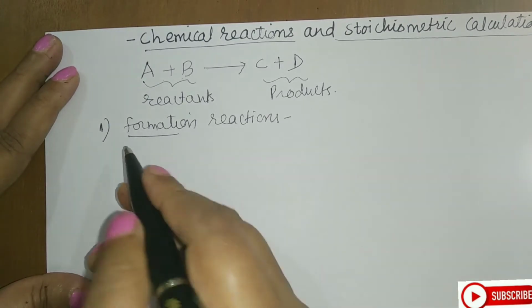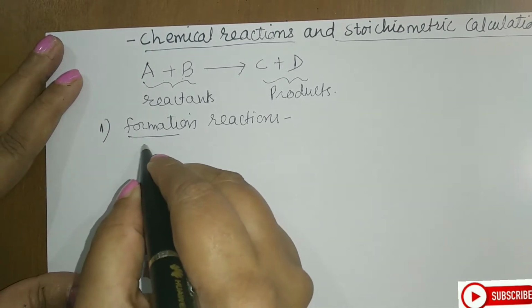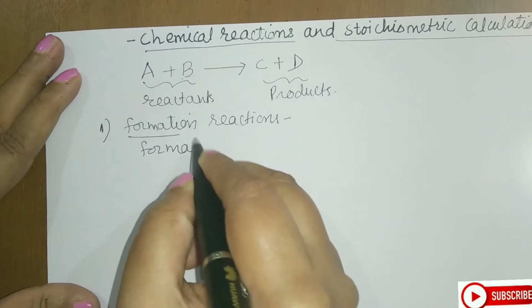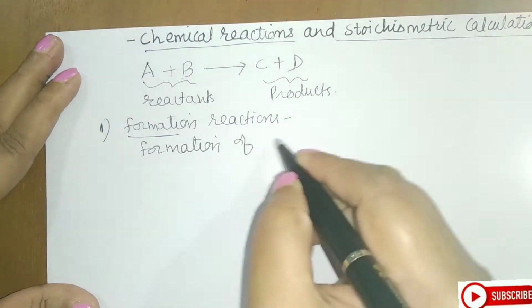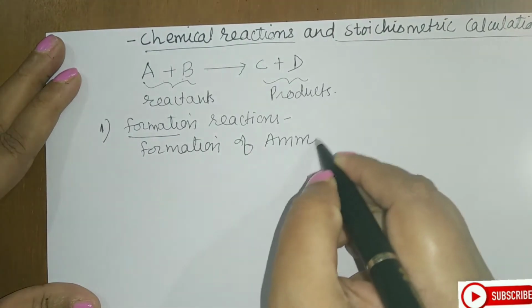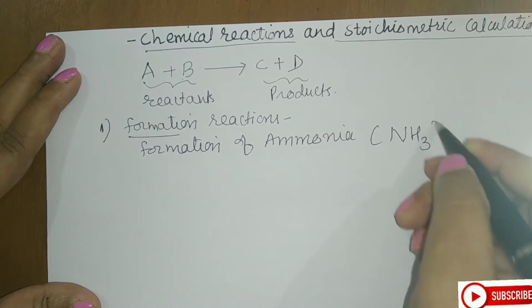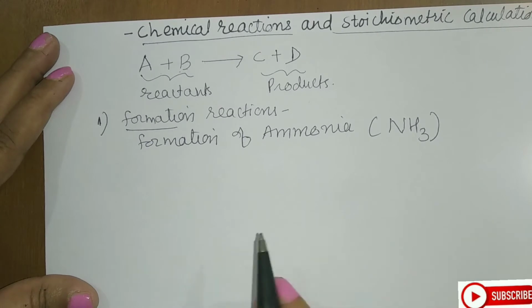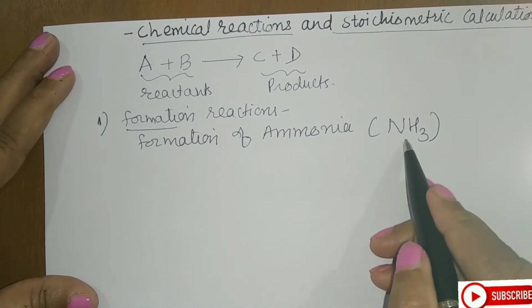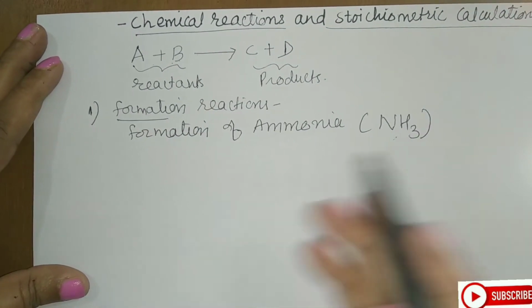So say for example, I write an equation that is formation of ammonia. Now what is ammonia, student? It is NH3. Now when I say formation of ammonia, it means ammonia is getting formed on the product side.